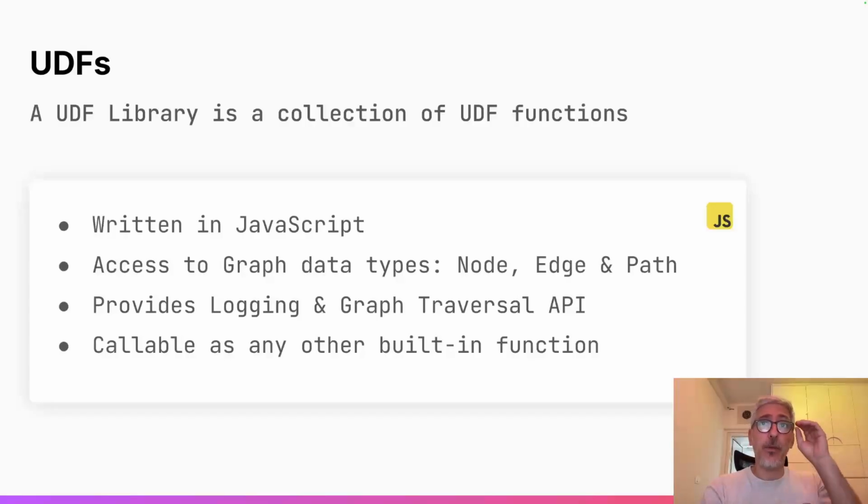And this maybe also leads into another reason why one would want to use UDFs, and we will demonstrate this during this call. FalkorDB and other graph databases, most of them support a query language known as Cypher. And Cypher has its limitations in terms of how you define pattern matching or graph traversal.